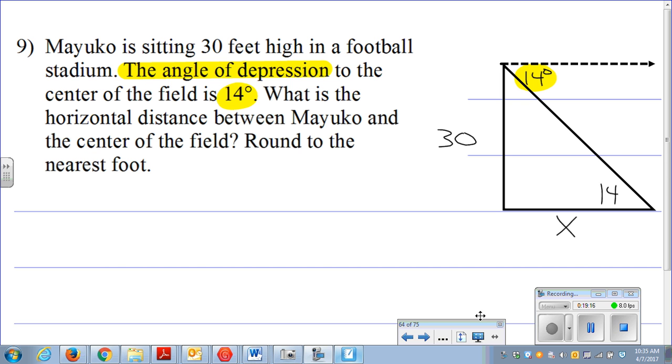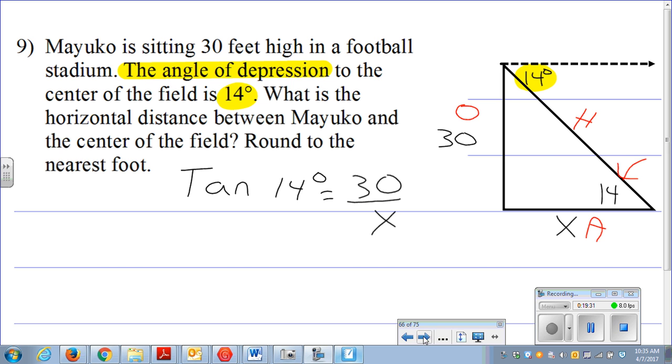So we go through our steps. We'll label the triangle, the hypotenuse, the angle, the opposite, and the adjacent. We'll pick the correct trig function. And since we're working with opposite and adjacent here, we're going to do tangent. And now we're going to say the tangent of 14 is equal to 30 over x.